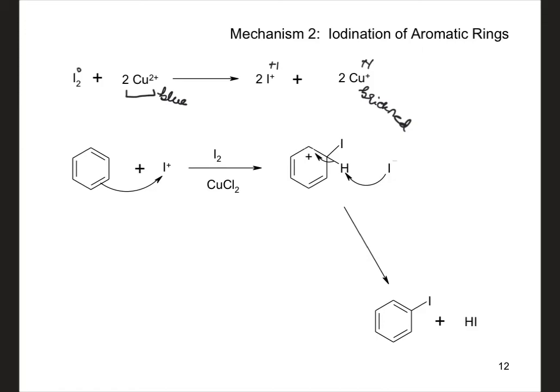Of course, as the reaction takes place, it does go through a coordination with the CuCl2, in which case now when the I bonded to the CuCl2 leaves, it leaves behind the I plus. At a later time, the ICuCl2 would allow the loss of CuCl2.